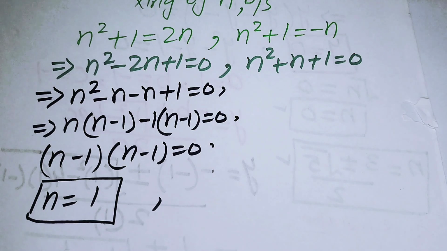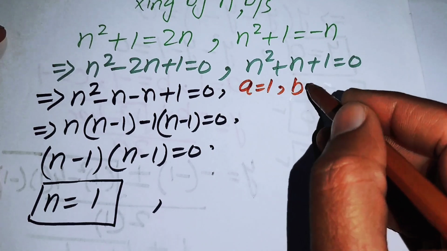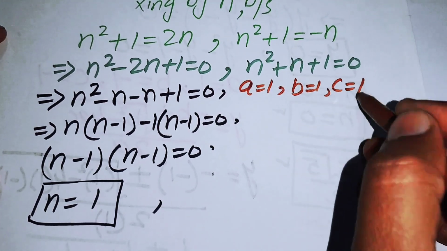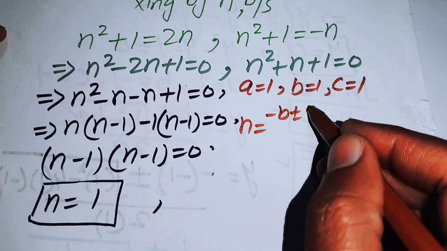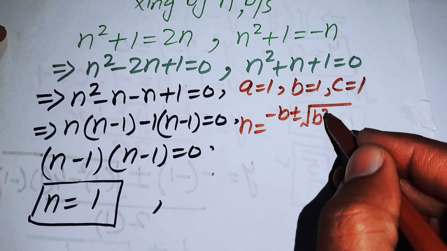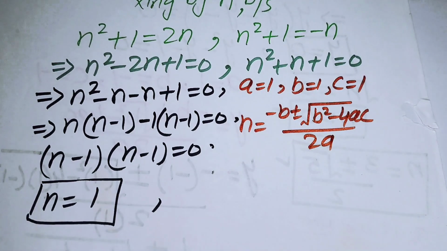So now in order to find the other roots we need to solve the second case. So in this case we use the quadratic formula, and in order to use the quadratic formula first we write the coefficients of this equation, and we have a = 1, b = 1 and c = 1, and the quadratic formula is written as (-b ± √(b² - 4ac)) / 2a.